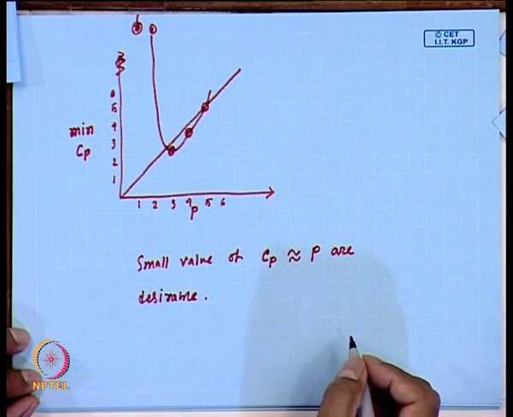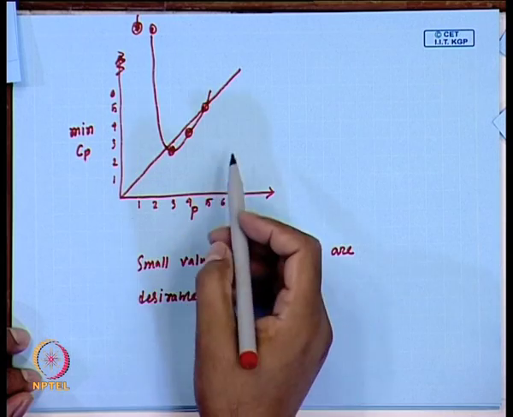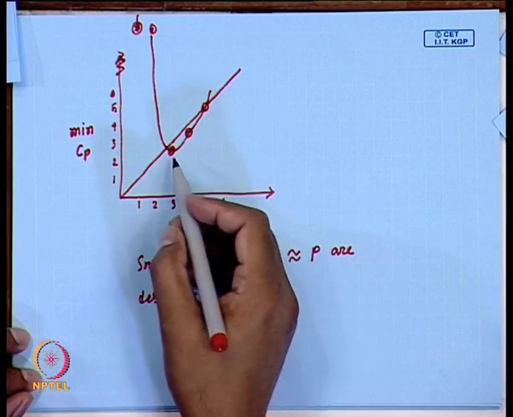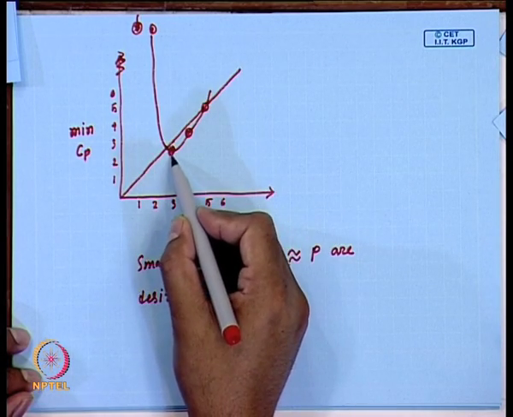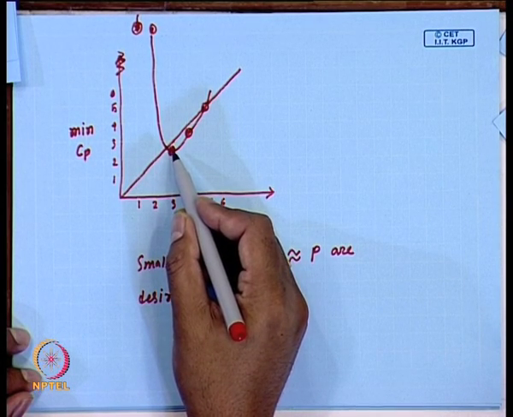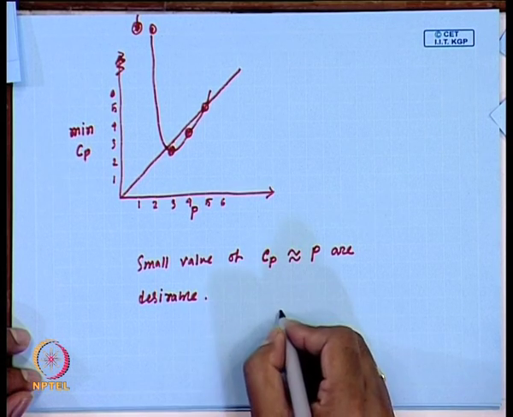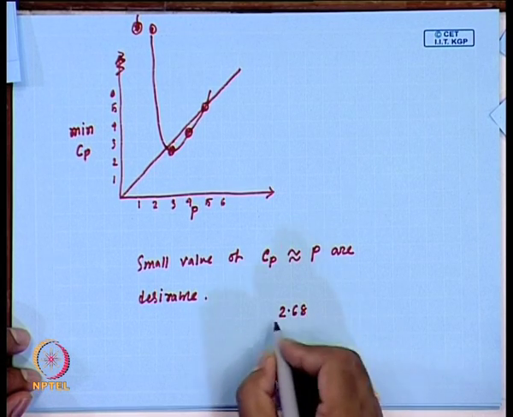Okay. So, from this graph you can say that for p equal to 3 the value is equal to 2.68.